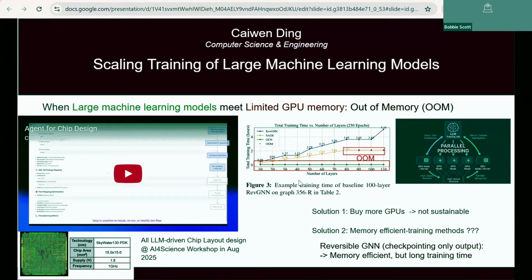So today I'm going to start with a different perspective, which is how do we scale our large language model or machine learning model training? We can see that from this figure here. Nowadays, with HPC used for machine learning training, basically we do parallel processing.